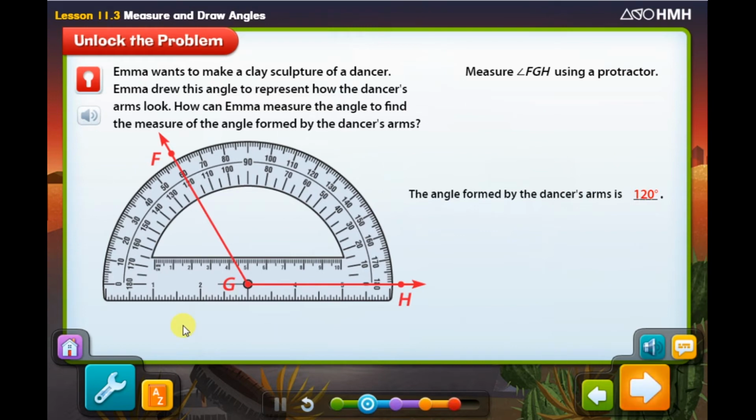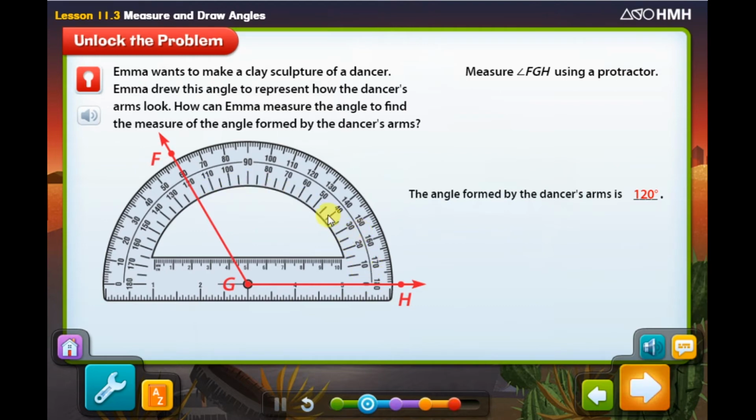So again, how we can read an angle by using a protractor. You know the center of the angle here. It is G. So this is the vertex of the angle. So we put the vertex on the center of the protractor. And you have to be sure that you make the lower ray align with the 0 degree here. Okay, so the 0, we have two scales.